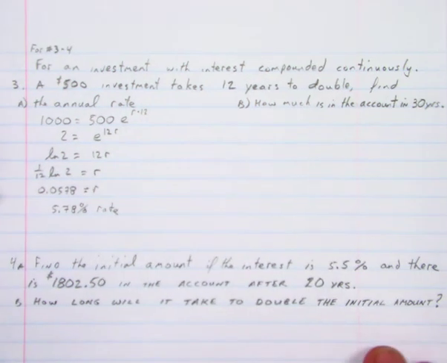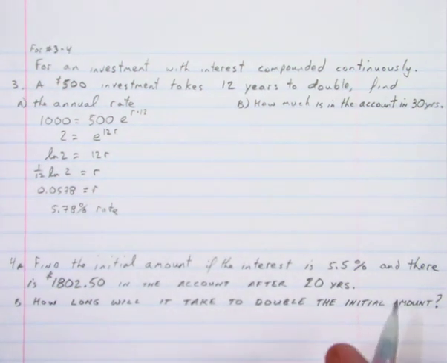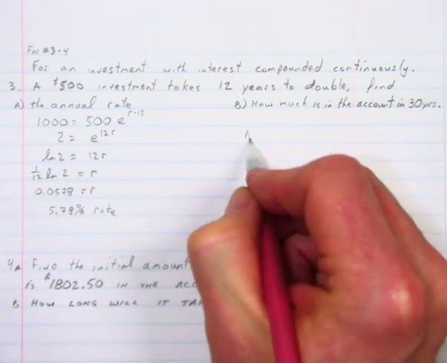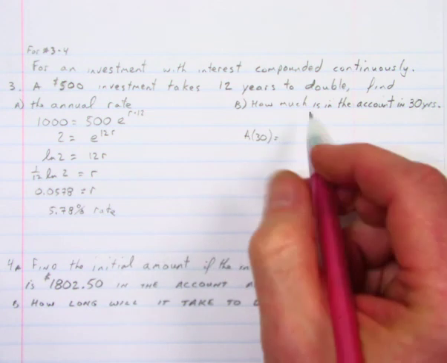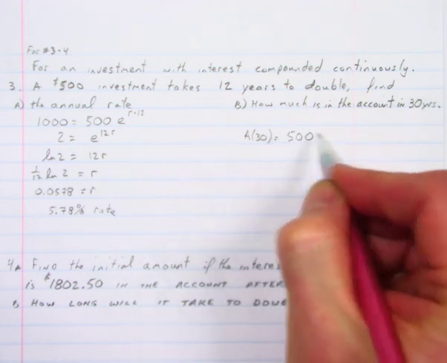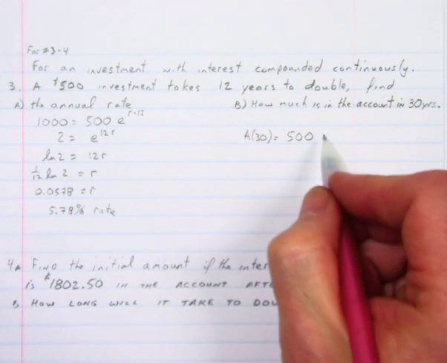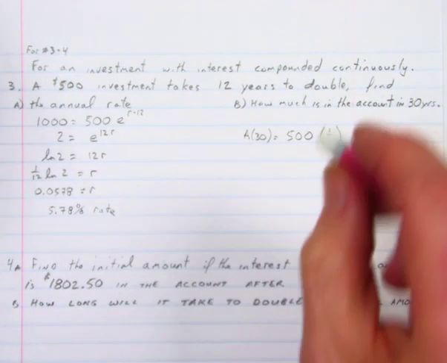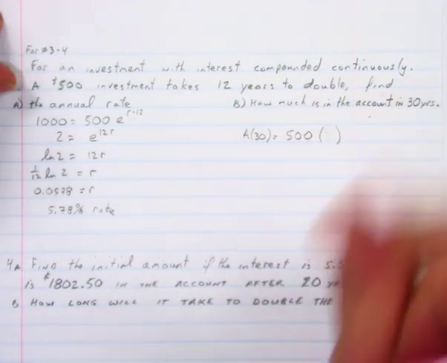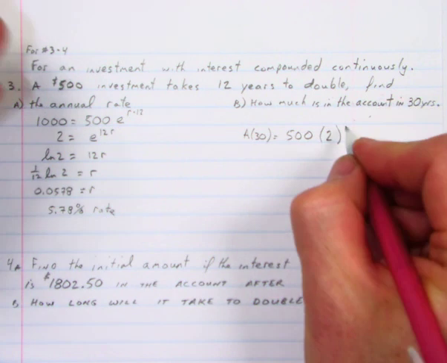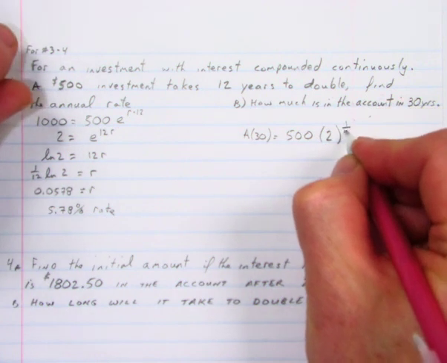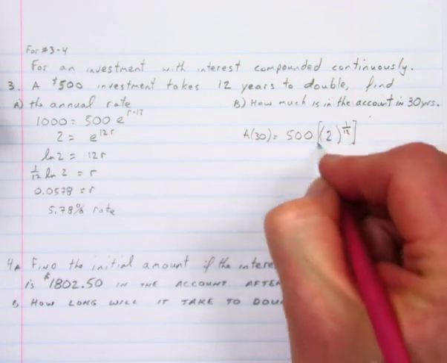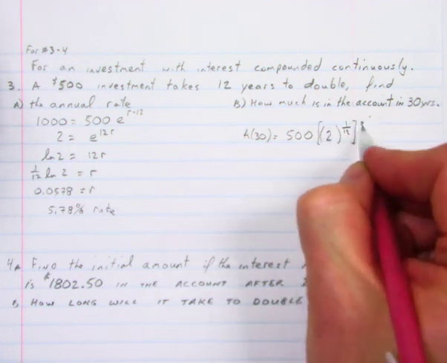Now let's look at how much is in the account after 30 years. At that point, we would have something like A of 30 equals 500 times, actually 1/2, sorry, not 1/2 in this case, we're talking about doubling, but it's just like the half-life problem: 2 to the 1/12, and then we're going to raise that to the power of t, and in this case that is 30.